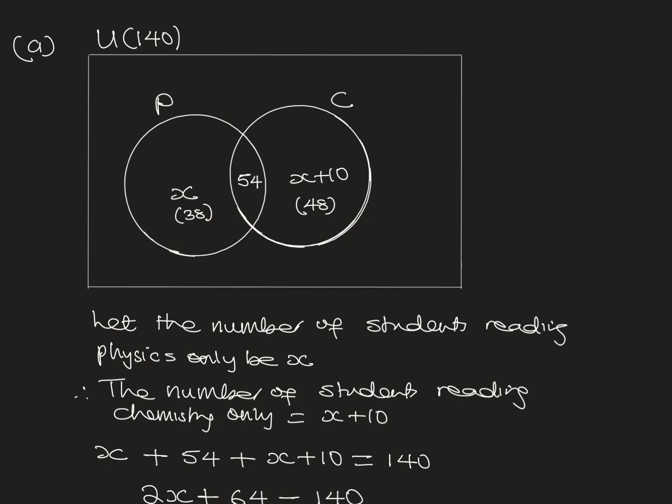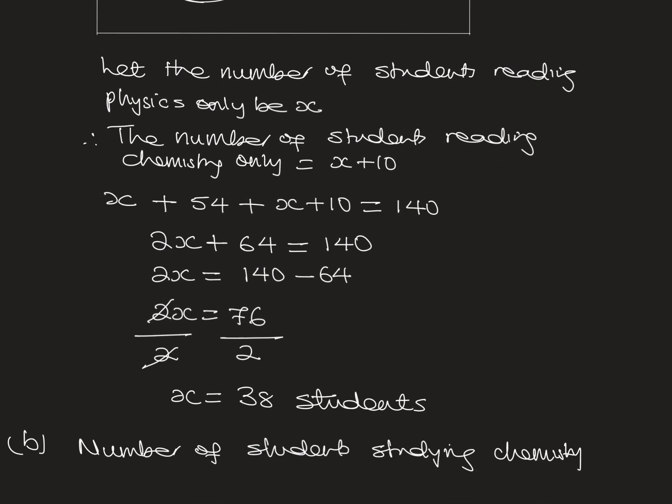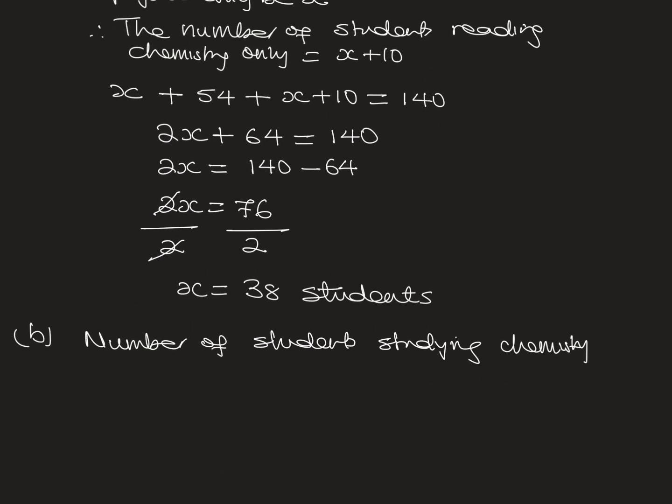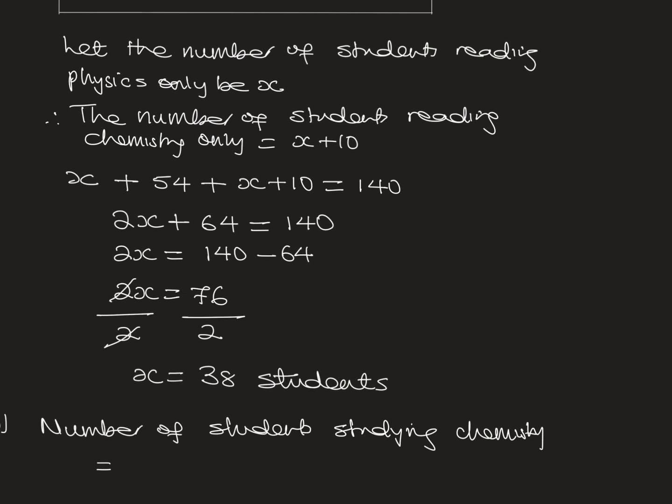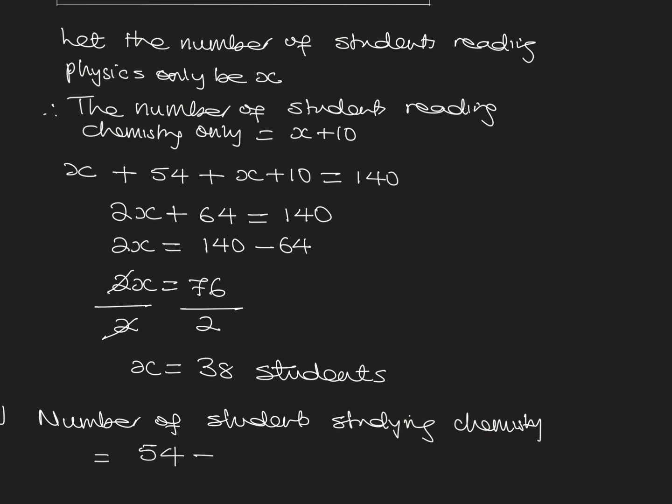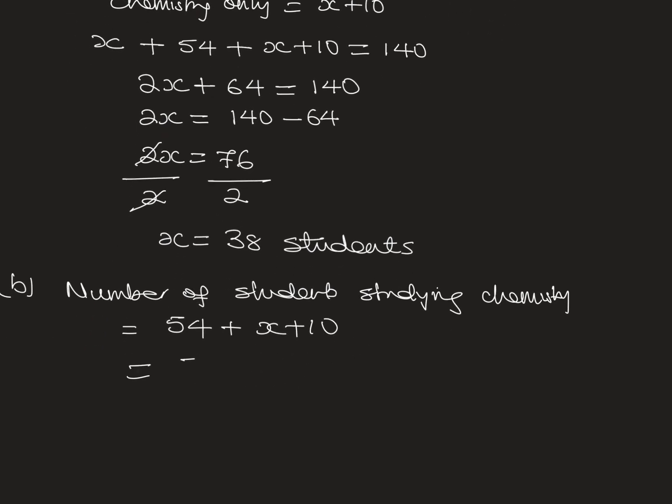Okay, so remember that. Number of students studying chemistry will be 54 plus 10 plus x. So that is going to be 54 plus 38 plus 10, and that is 102 students. Okay, so that is B.